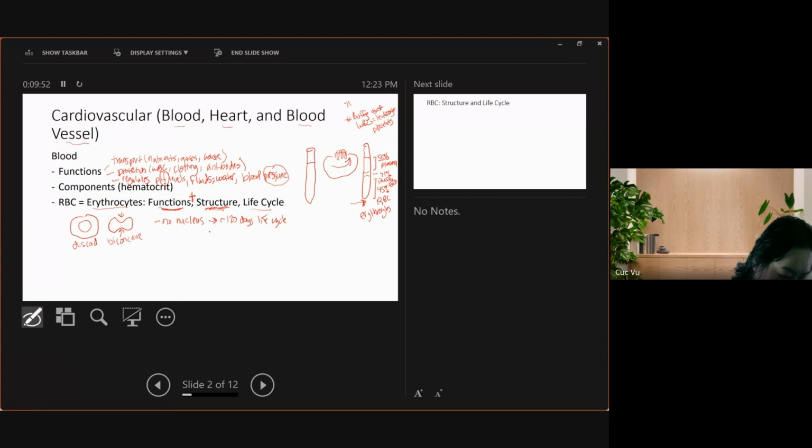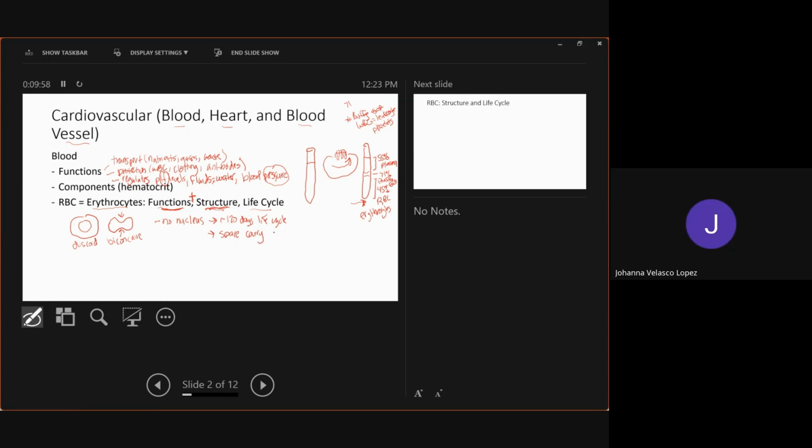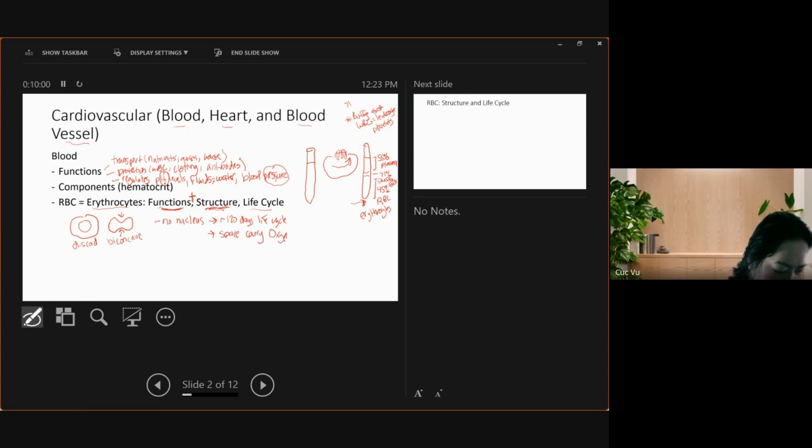Well, that gives it space to carry what? Oxygen. Yeah. Okay. So no nucleus, which means that's why it has such a short lifespan of 120 days. And the reason for that is because it needs the space to carry the oxygen, which is why structure follows function. Red blood cells carry oxygen.